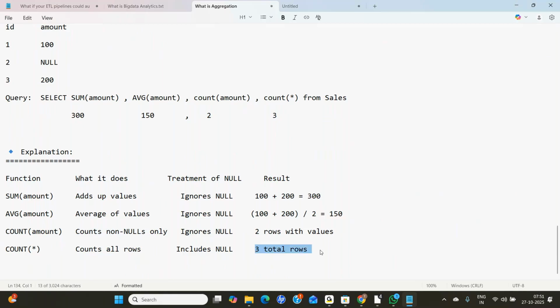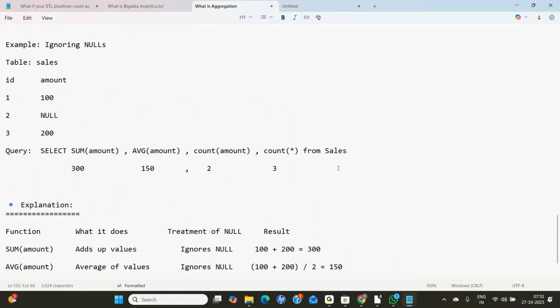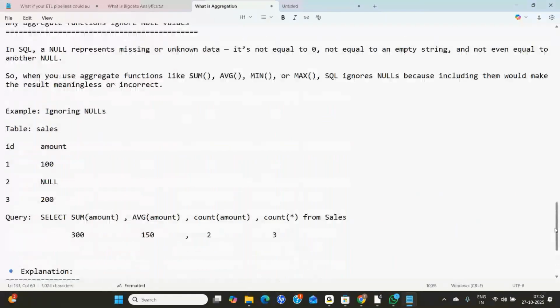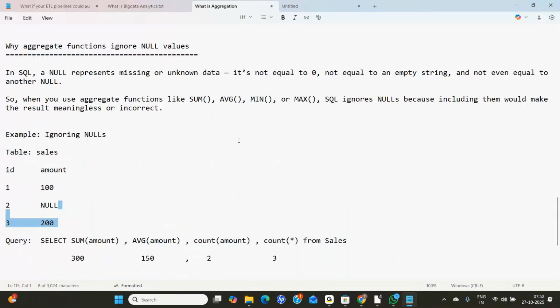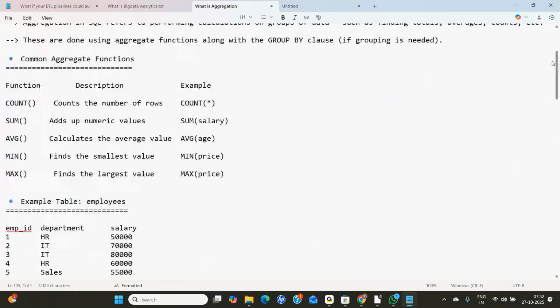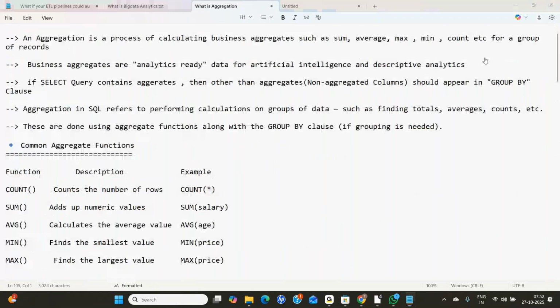Total 3 rows. These are some important points you guys need to recognize. At the time of doing project case studies, you should be aware of these aggregated values and how nulls are ignored.